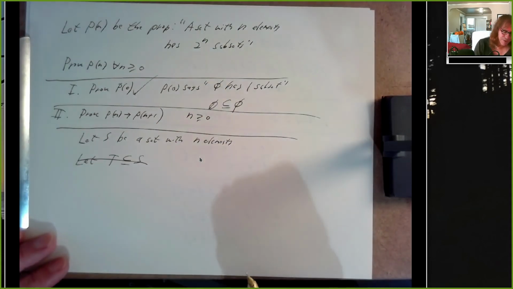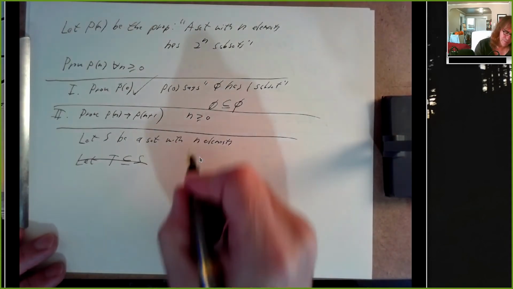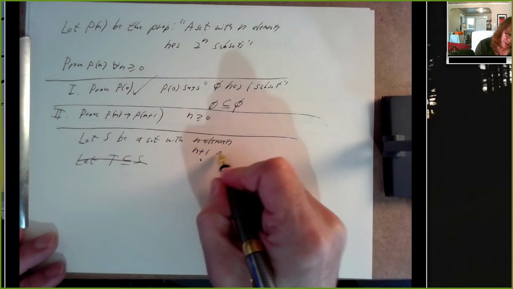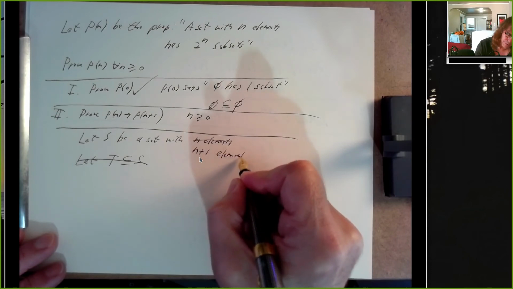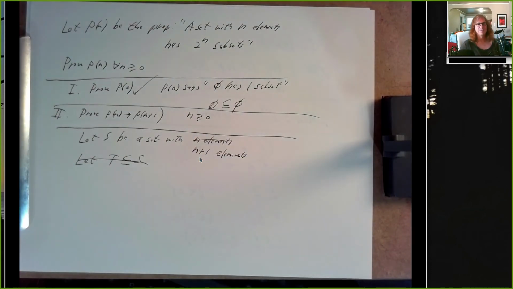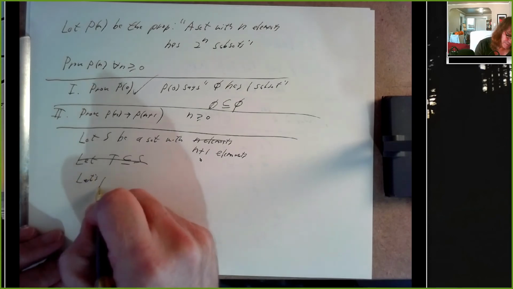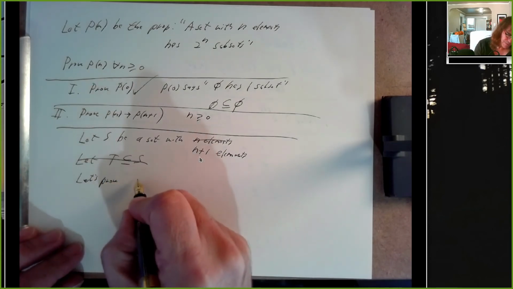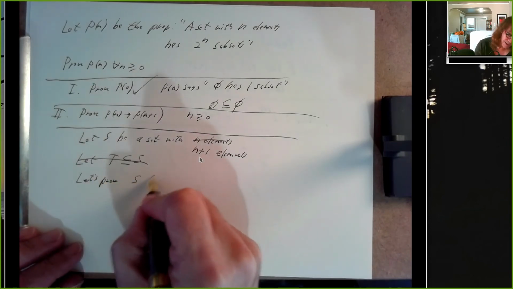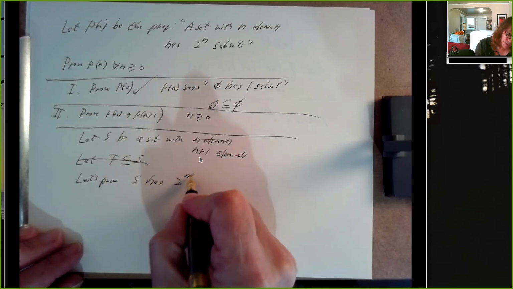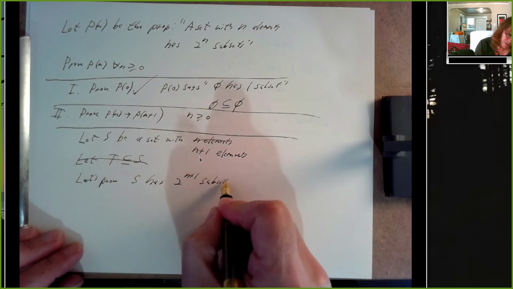Let S be a set with n plus 1 elements. All right. So I want to prove that this has 2 to the n plus 1 subsets. Okay, so I'll write that down. Let's prove S has 2 to the n plus 1 subsets.